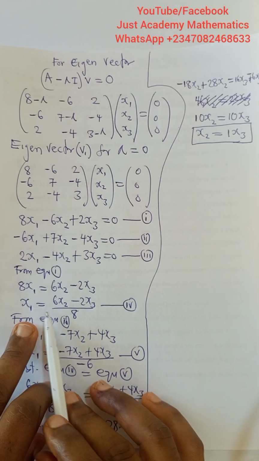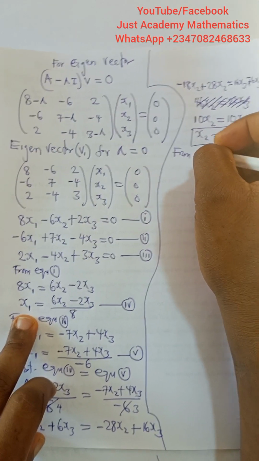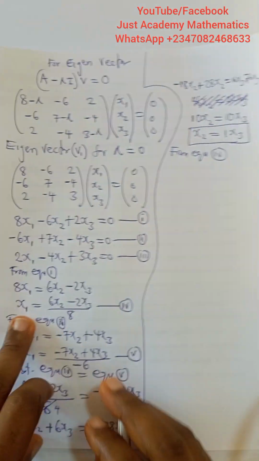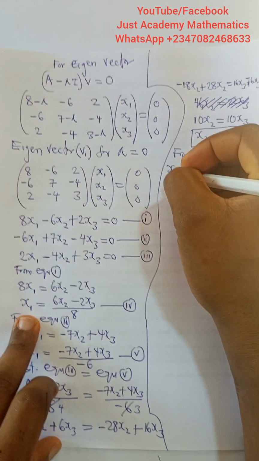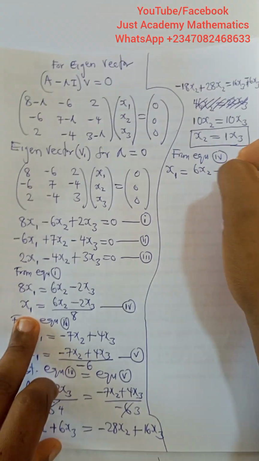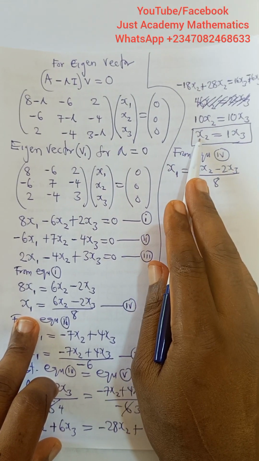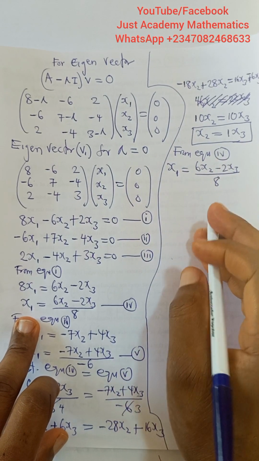Now we can pick any of these, let's say from equation 4. Remember that x1 is equal to (6x2 minus 2x3) over 8. Anywhere we see x2, we'll replace it with 1x3.